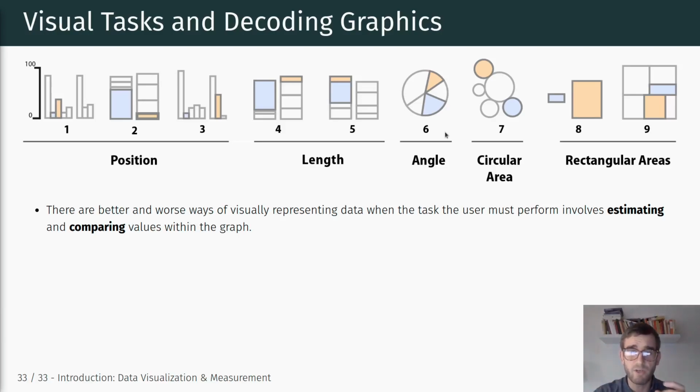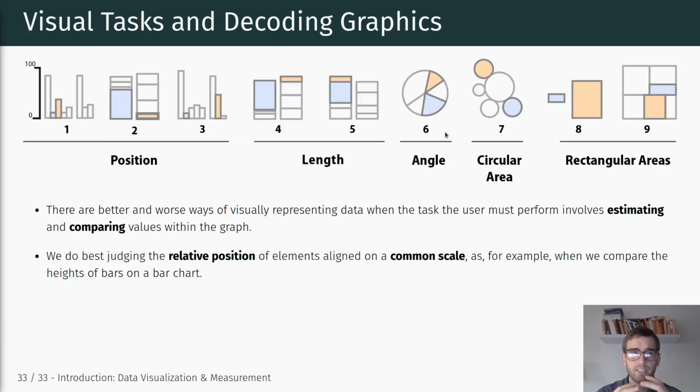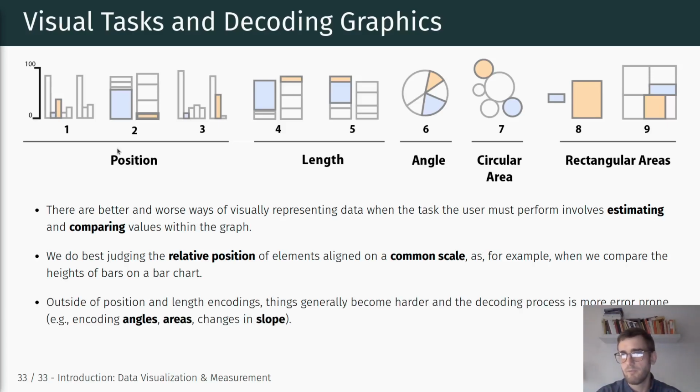And in most of our graphs, that's ultimately what we want the reader to do, to make some comparison, to estimate some number, okay? And just in general, as a rule of thumb, we do best judging the relative position of elements aligned on a common scale, right? That's on the left, the position visualization. As for example, when we compare the heights of bars on a bar chart, okay?